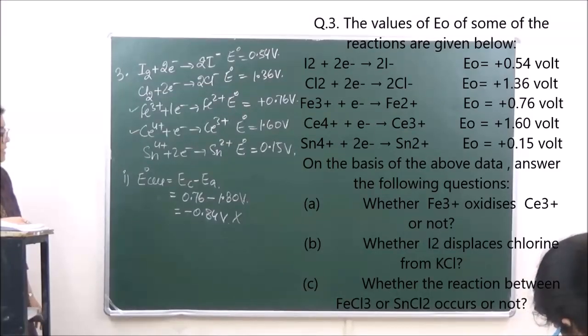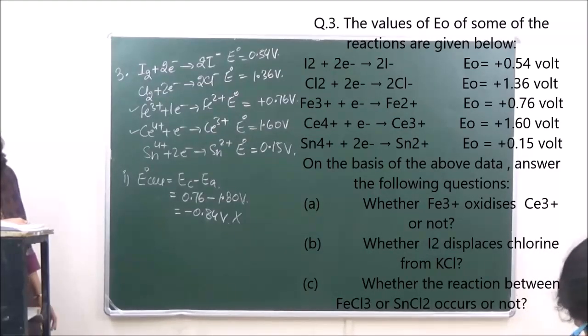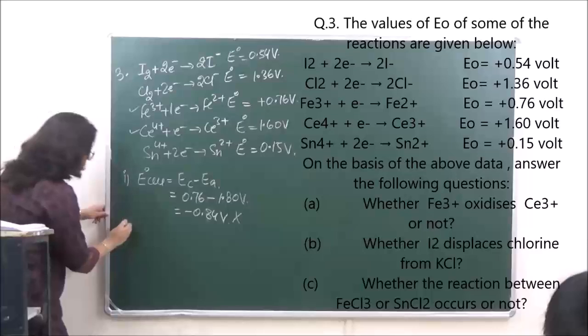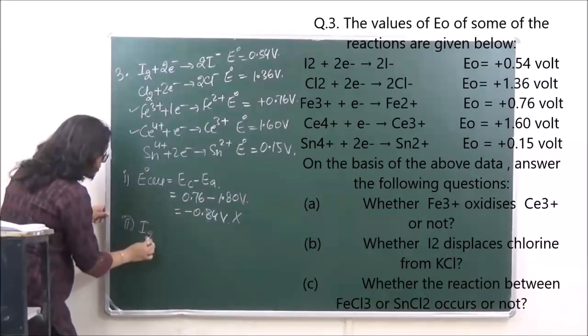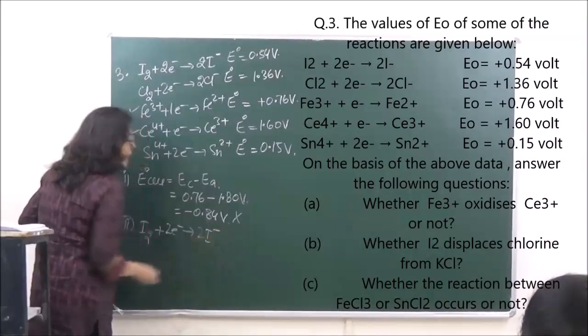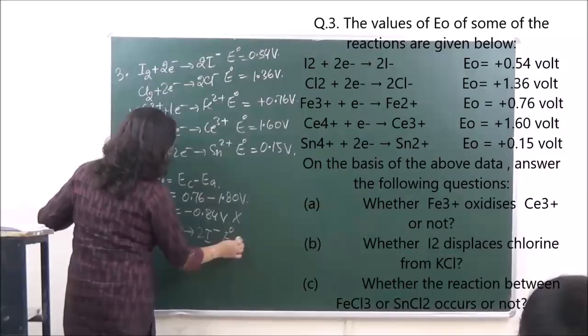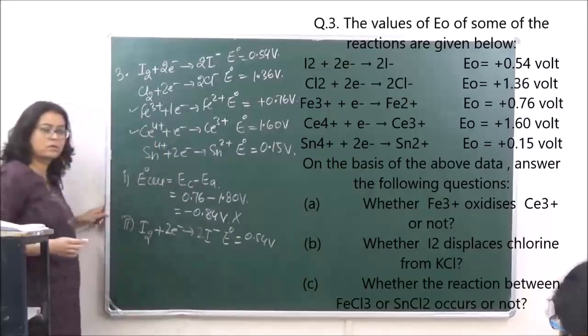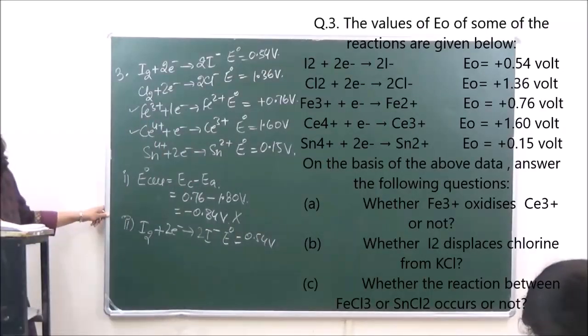Got it? Then the second part of the question is whether I2 displaces chlorine from KCl. Now when we are talking of the reaction given to us, the reaction is I2 plus 2e- to give us 2I-, and the value of E naught for this reaction is given to us as 0.54 volt. ठीक है? Then when we are talking of the chemical reaction, that is I2 plus 2KCl, they are asking whether chlorine will be displaced by iodine.